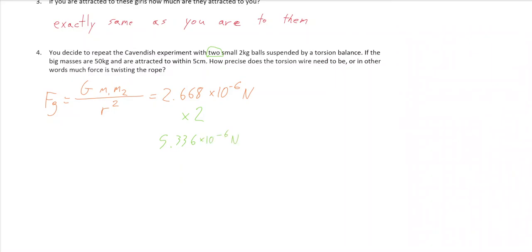Which is actually, just in terms of sig digs, we really have 1 sig dig, so 5 times 10 to the negative 6 newtons. So if you want to be able to measure this force, you need to be able to be at least this precise.